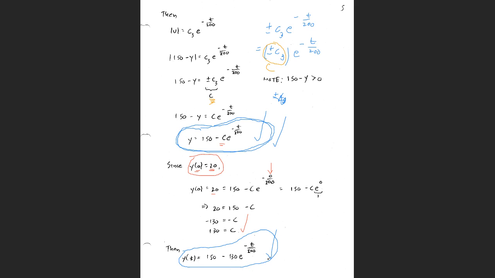I called it a different name. You could, you could call it plus K or something like that. But then your K would be negative 130. You're going to end up at the same solution. It's kind of an extra step, but you could do that.